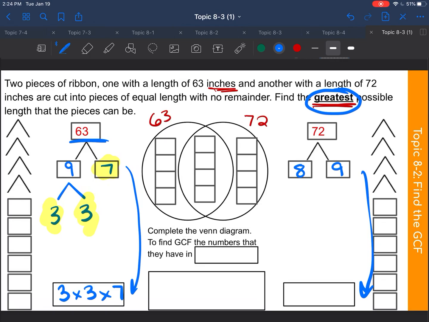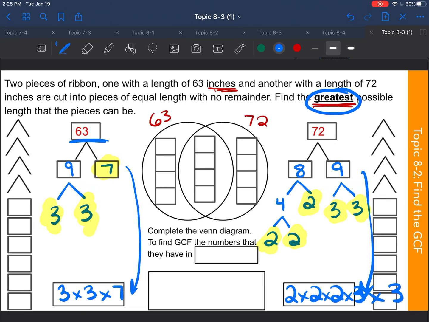So 4 times 2. 2 is prime. 4 can be broken up into 2 times 2, which are prime. And then 9 can be broken up into 3 times 3. All right, so our prime factorization of 72 is 2 times 2 times 2 times 3 times 3.